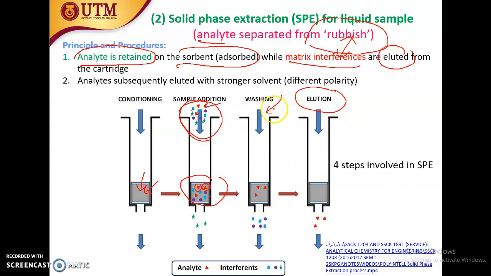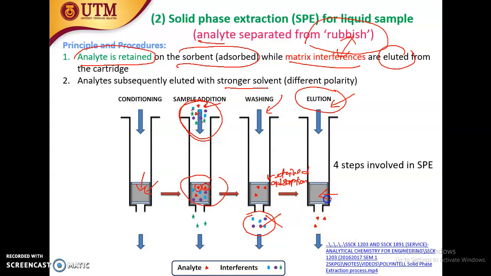Washing with water will take the salt out, while the analyte will still be retained. The keyword is retained, by the meaning of adsorption. The principle is that it adsorbs onto the surface of the material. Then you put in elution with a stronger solvent so that you can get the analytes out.